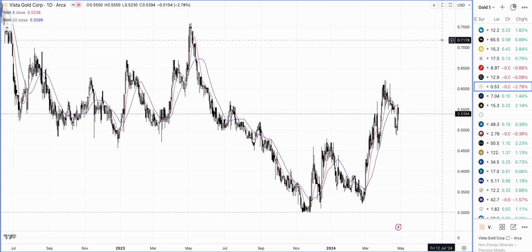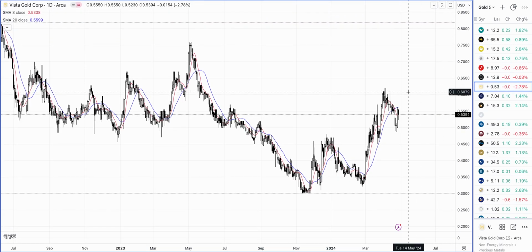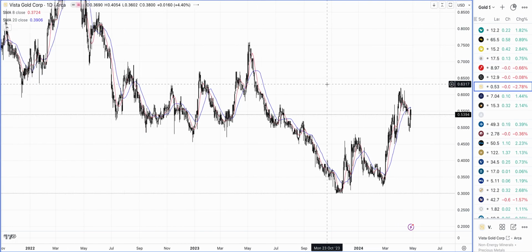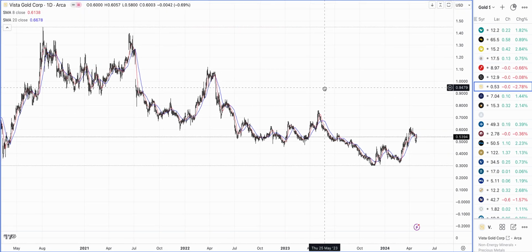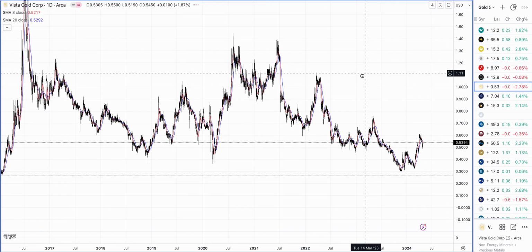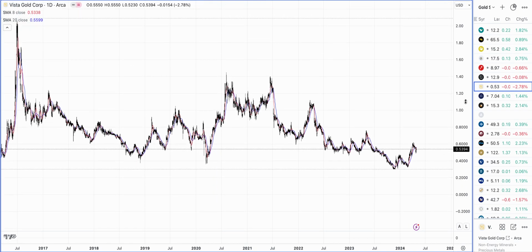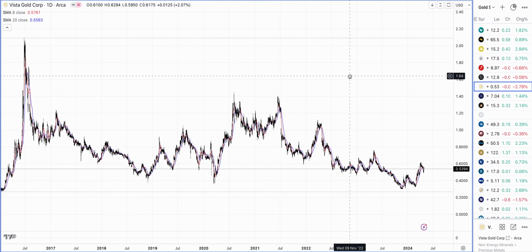Vista Gold, let's take a look at the Vista Gold. It's a penny stock, in fact, and it's just been moving lower for a long time. So this is the interesting thing, that some of the gold miners have not been moving the way the underlying commodity is.